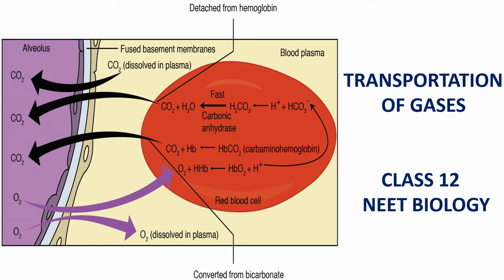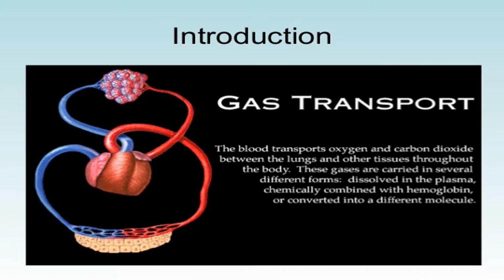Transportation of gases in between capillaries and alveoli, as well as capillaries and body tissues. Gaseous transport occurs in between the alveoli of lung and heart, and that is called pulmonary gas transport.